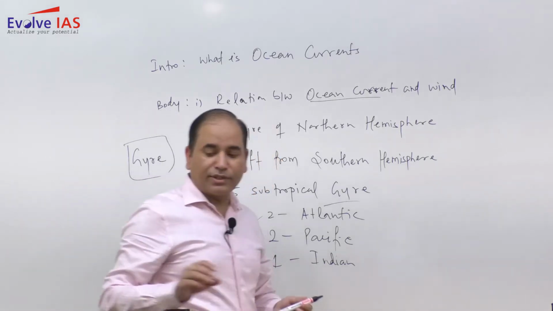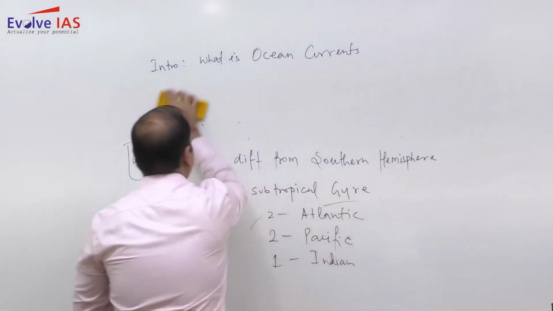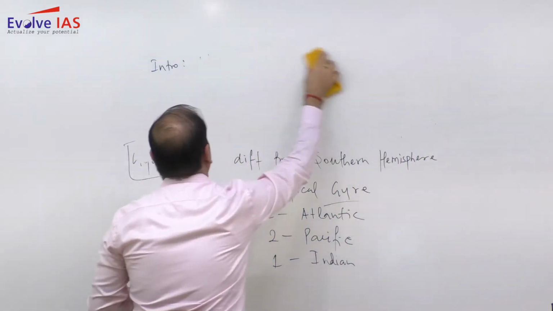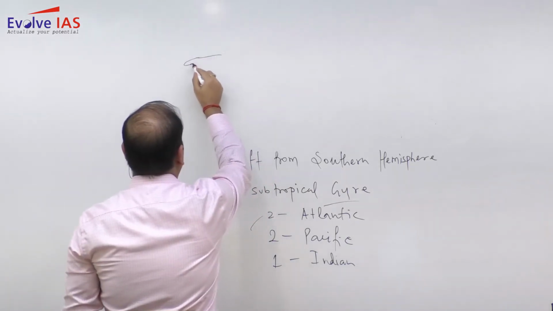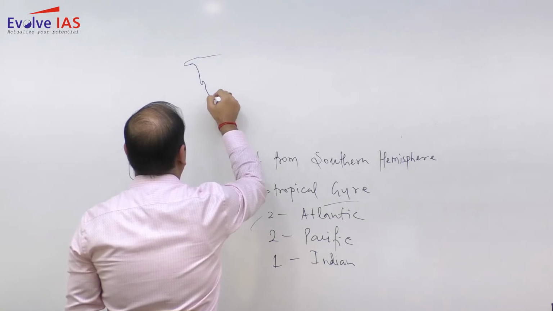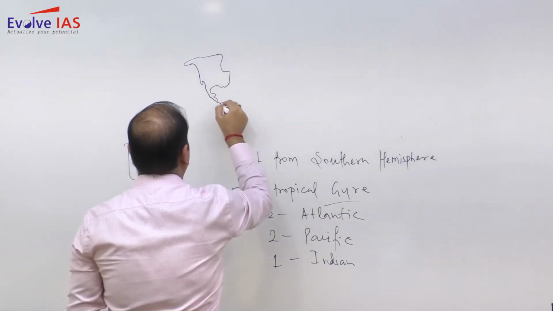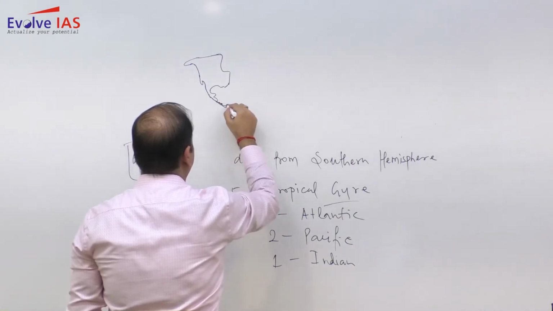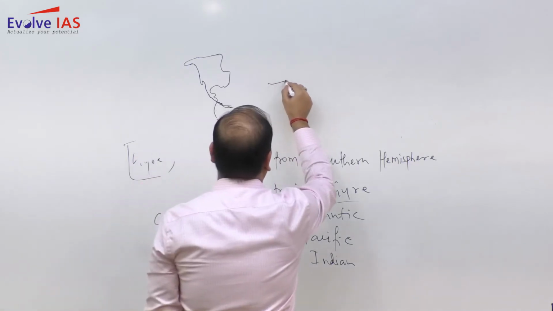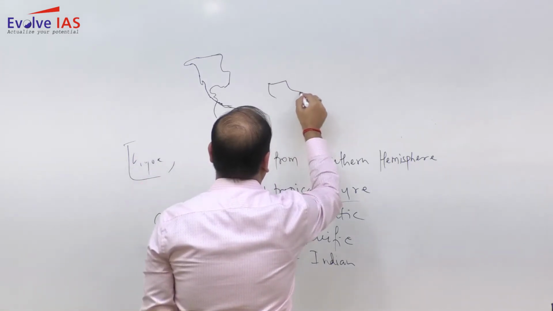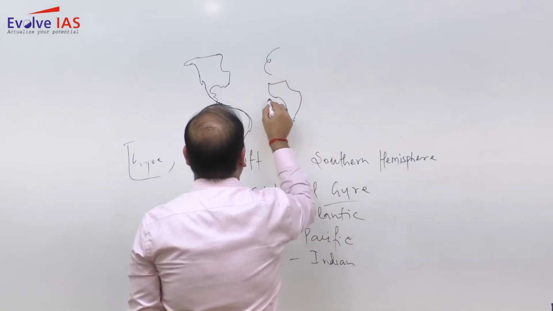As far as these oceanic gyres are concerned, if you look at the flow of these gyres from the perspective of the Atlantic Ocean, you can use the atlas.